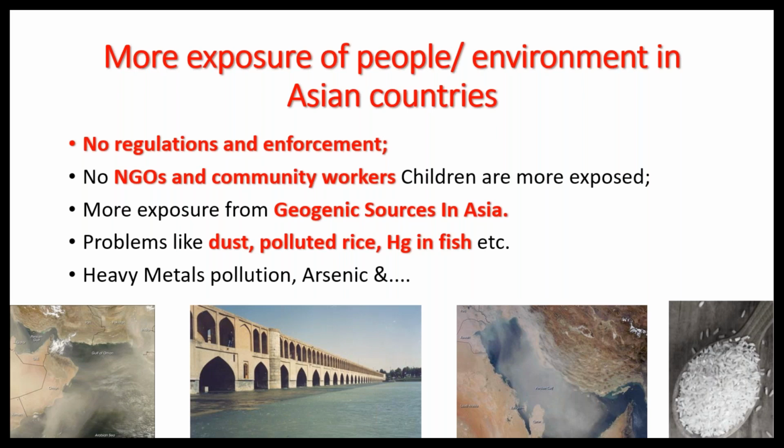Lots of geogenic problems in these countries. This is the Persian Gulf during the dust, and this is the place of the beautiful Zayanderud in Isfahan, that some years was dried, but we tried in our country to bring water back. Hopefully that water is there now. Next slide, please.